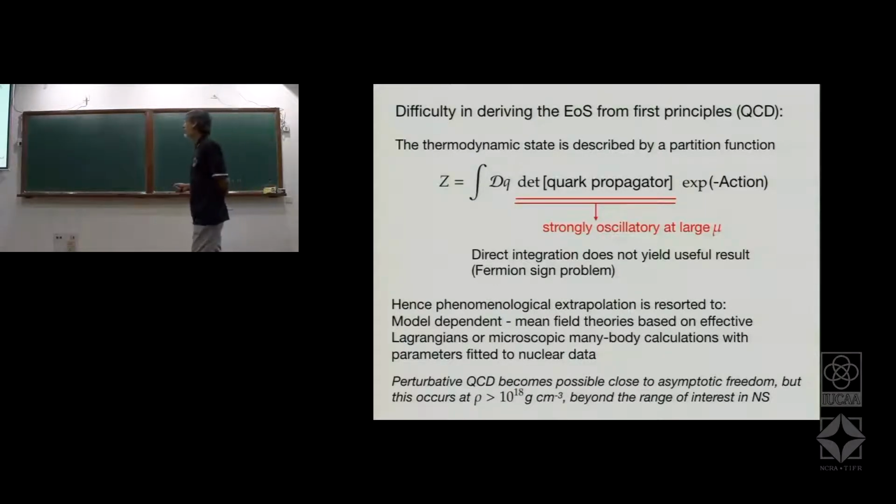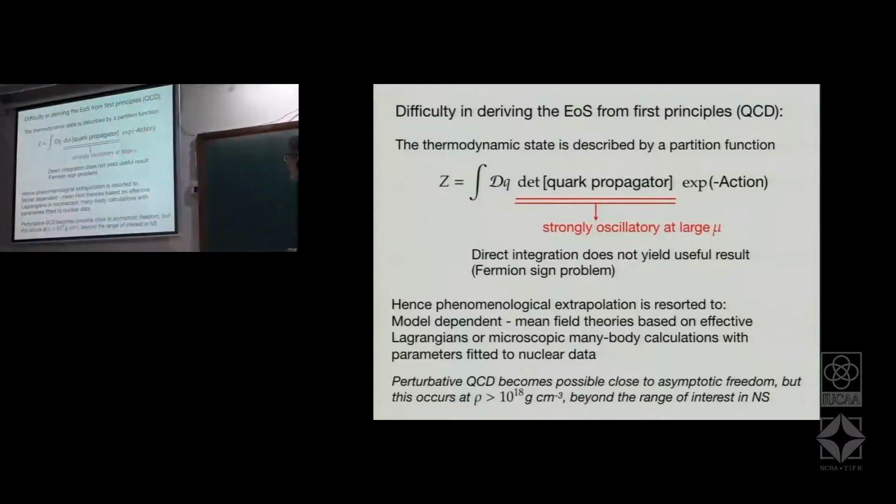You can try to do this with the propagator, where you calculate the quark propagator and then compute the partition function. Your pressure, density, they are all derivatives of the partition function. You calculate the partition function by integrating the quark propagator times the action over all quark degrees of freedom.